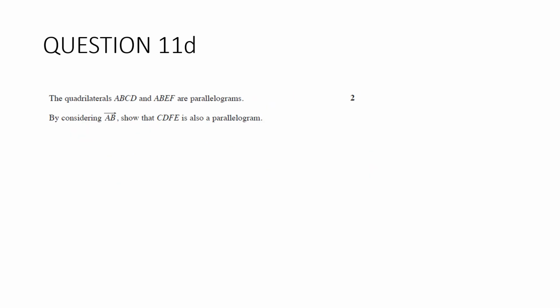11d. The quadrilaterals ABCD and ABEF are parallelograms. By considering the vector AB, show that CDFE is also a parallelogram. Well, let's see if we can draw this. So we've got a parallelogram A, B, C, D, and then we've got another parallelogram A, B, E, F. What could that look like?